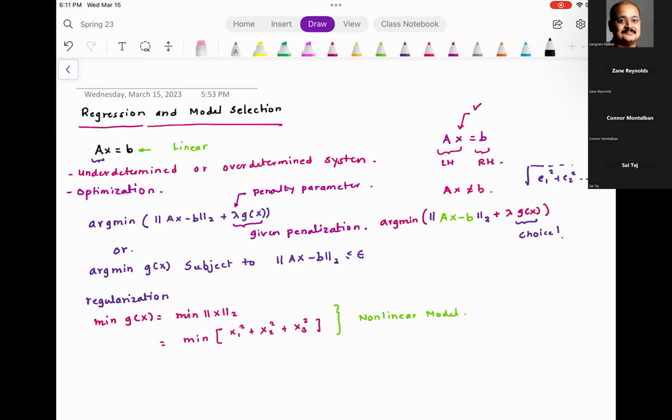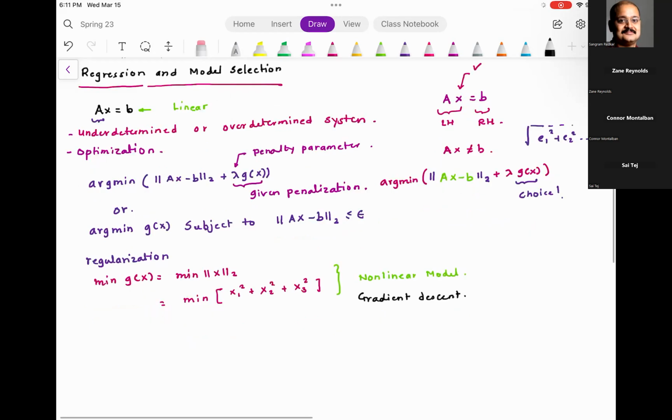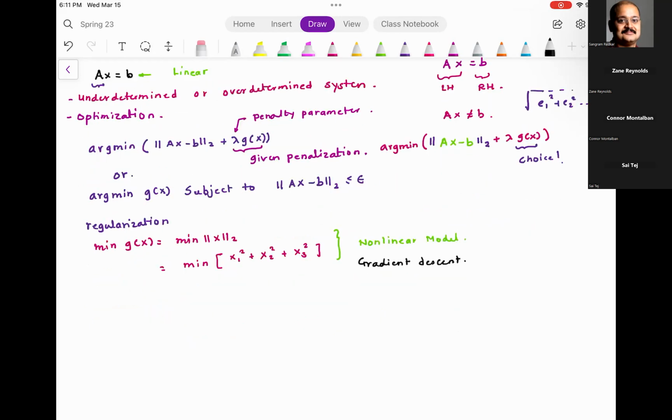In that case, we use an algorithm called gradient descent. And this gradient descent algorithm is very commonly used in machine learning, neural networks and network tuning.